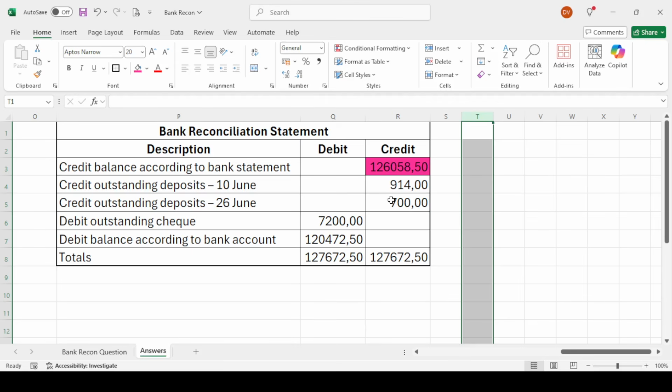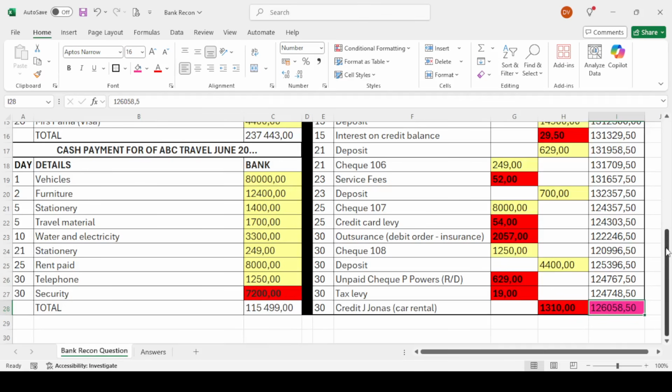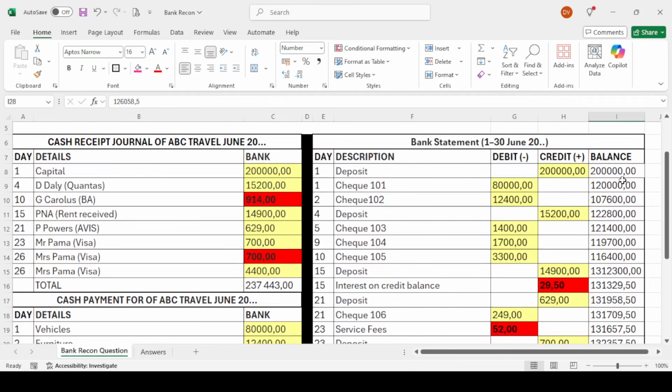Then we have to insert the information from our cash receipt journal. It will go on the credit side because that's where the money becomes more. So you'll already see I've put here 914 Rand and 700 Rand. Let's check if those were the only 2 missing ones on our CRJ. Yes, 914 Rand. This was for G. Carolus for British Airways, and 700 Rand for Mrs. Palmer, a Visa transaction.